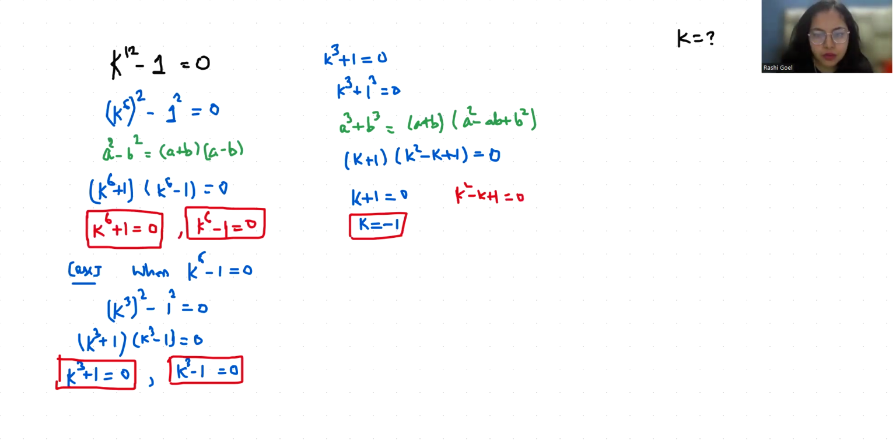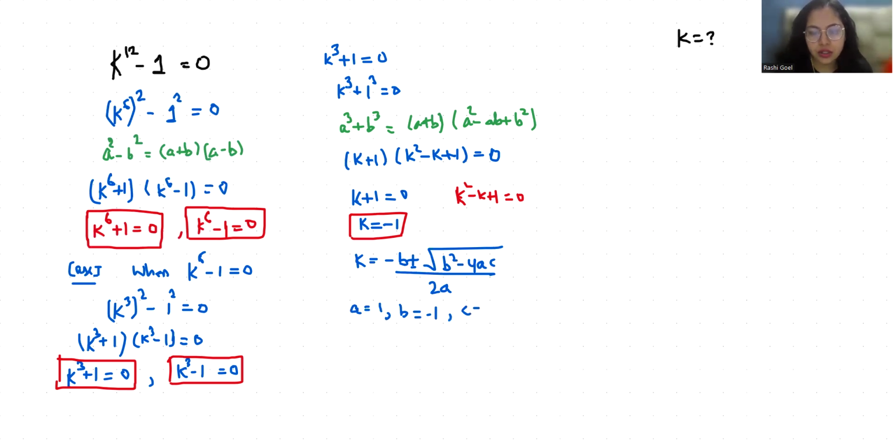From here, I am using quadratic formula, that is k is equals to minus b plus minus under root b square minus 4ac by 2a, where a is coefficient of k square, b is coefficient of k, and c is the constant.